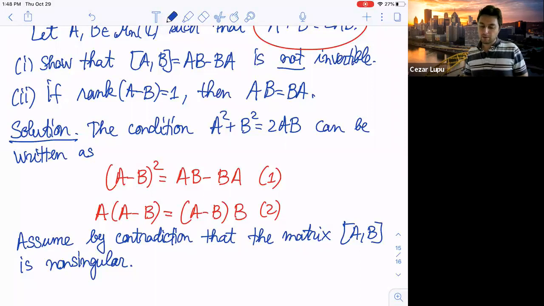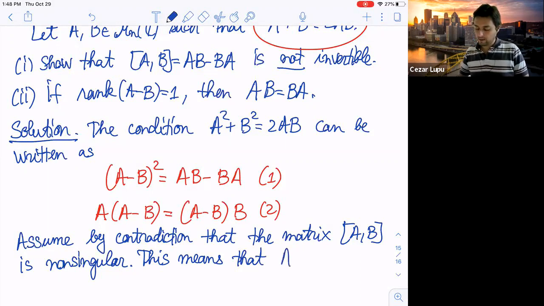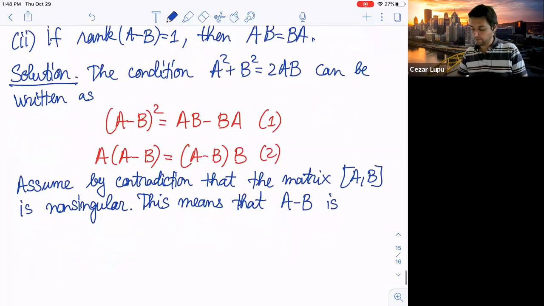Okay, so this means that, since by relation 1, if you look at it, A minus B is non-singular as well, right?